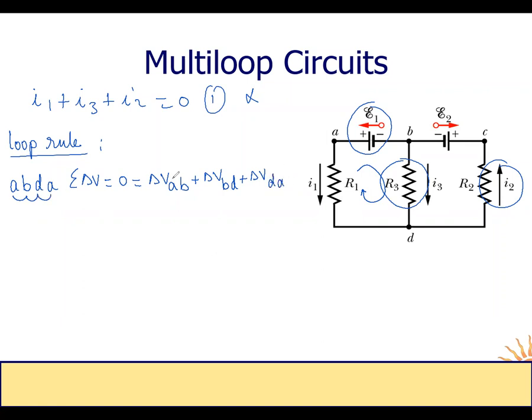We have to start at A and finish at the same letter A, equals V final minus V initial plus V final minus V initial plus V final minus V initial.